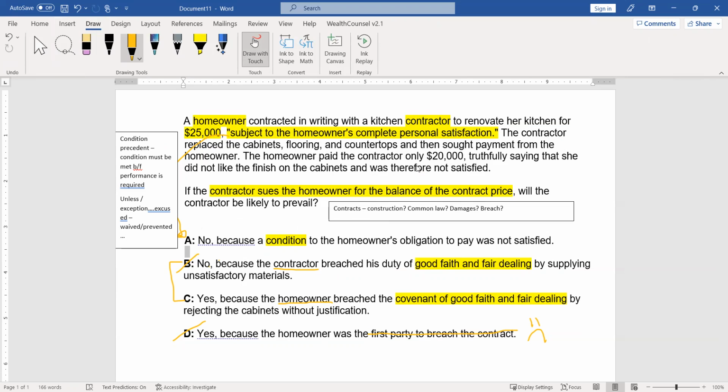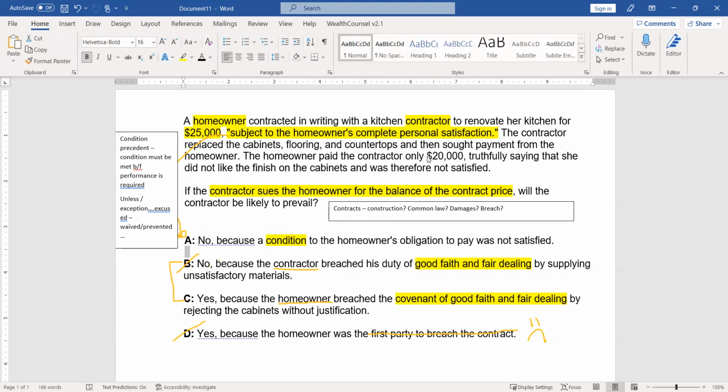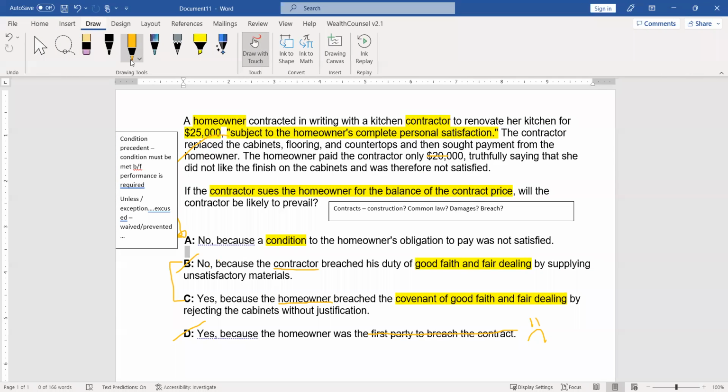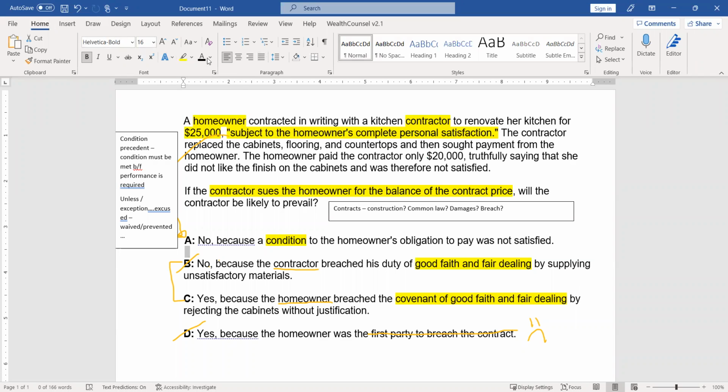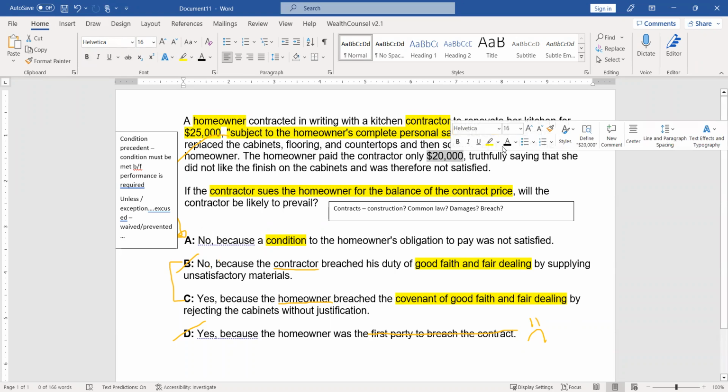Then the homeowner paid the contractor only $20,000. Now she did not pay the whole thing, so that is an indication that she may have breached. We'll have to see her reasoning behind it. And it says truthfully saying that she did not like the finish.